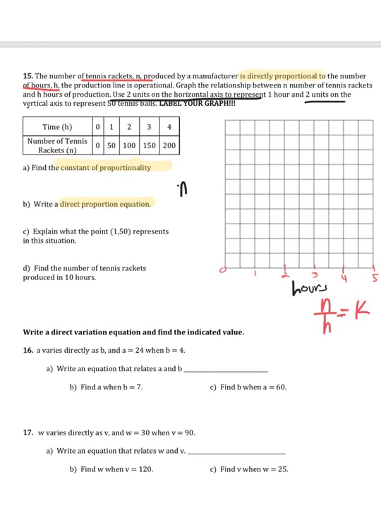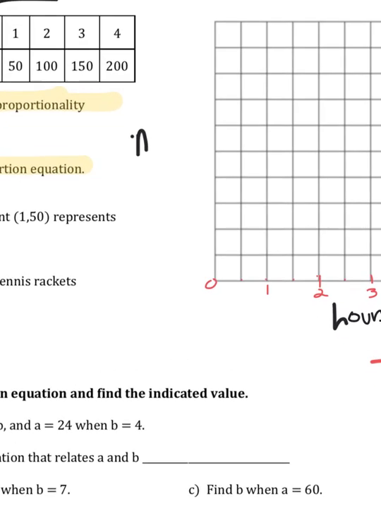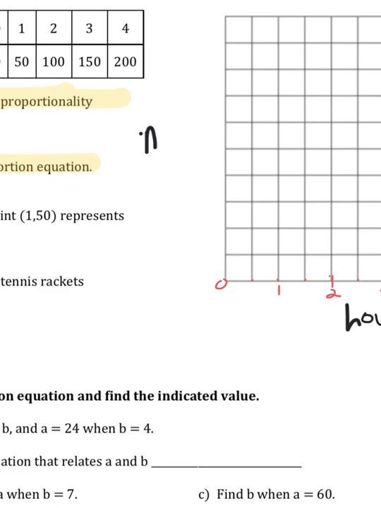Then it says 2 units on the vertical axis to represent 50 tennis balls. Okay, so 2 units up here, 1, 2, is going to be 50. 2 more would be 100. 2 more would be 150. 2 more would be 200.